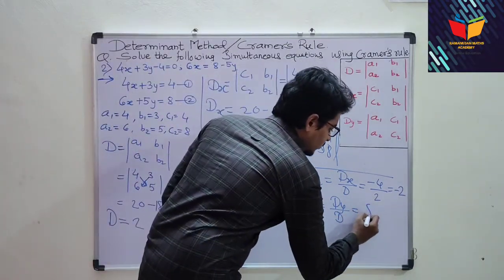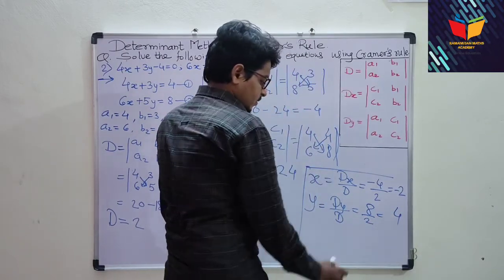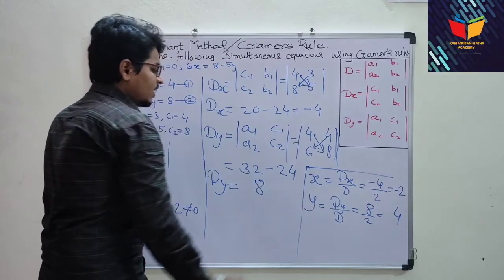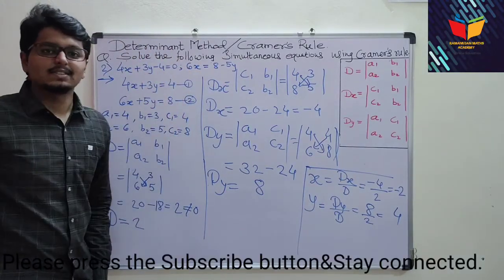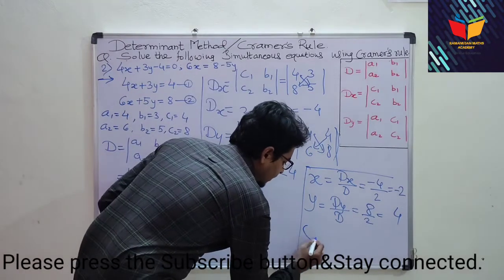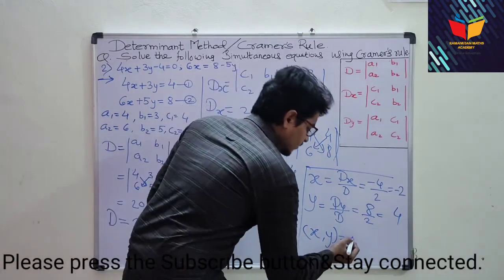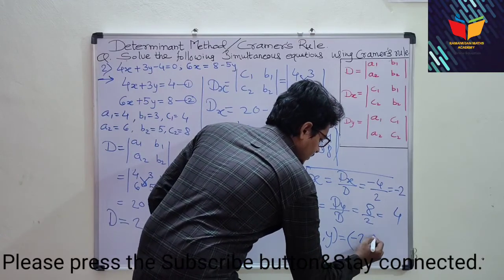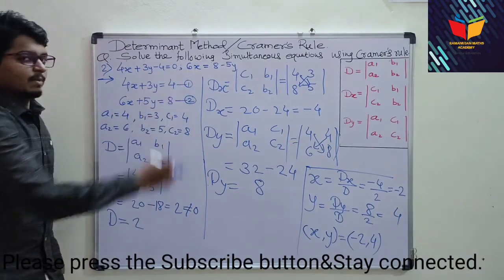So 8 upon 2 is equal to 4. Okay, so minus 2 and 4 are the solution of this simultaneous equation. So here I will write x, y is equal to minus 2 and 4 is the solution of this given simultaneous equation.